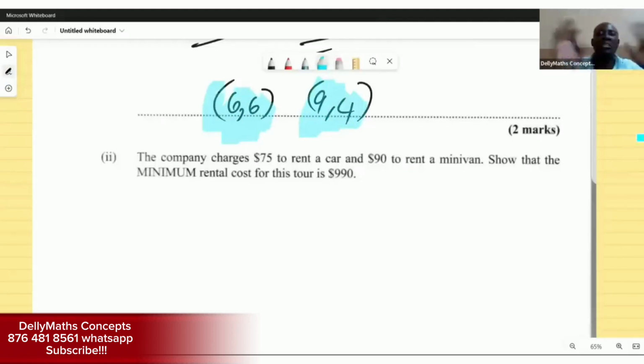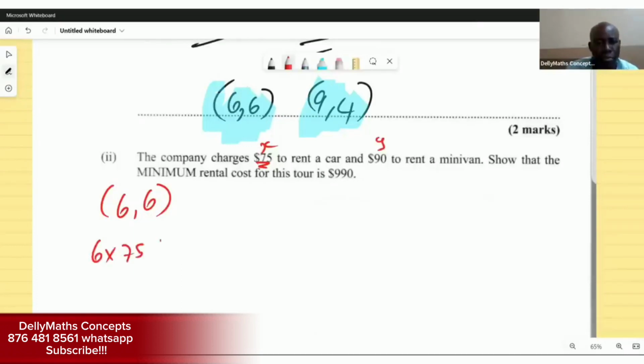So we're not going to search again. What we're going to do here is take out our (6, 6) and work it. Remember, it's $75 for the car, and the car is X, and this is Y. So we're talking 6 times 75 plus 6 times $90. We want to work out those values to make sure.